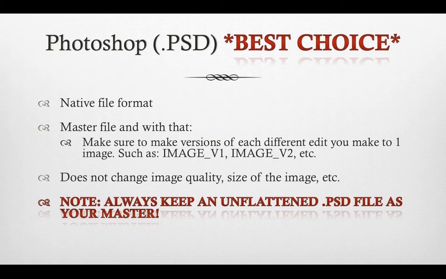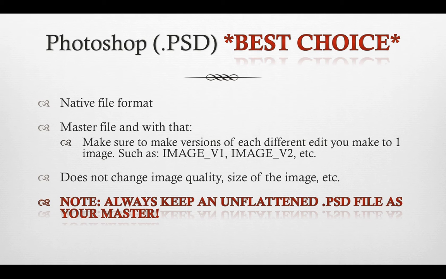save such as image underscore version 1, image underscore version 2, or however you want to go about that. That way, you know each version, each edit you've made has its own file. And then you can choose the one you want to go back to, delete the ones that you don't want to, etc. And with that, it does not change the image quality, the size of the image, or anything else that you do to the image.